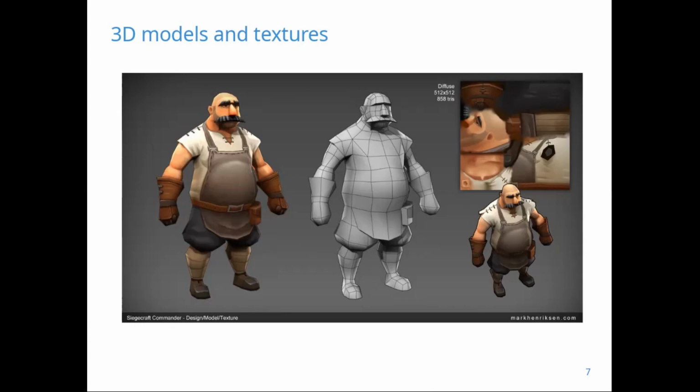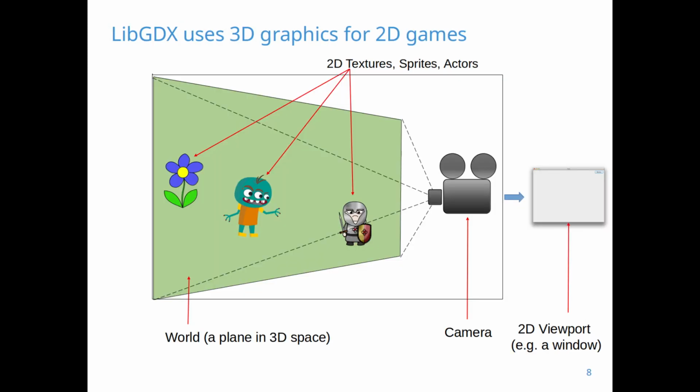And that's how 3D modeling is generally done. And what LibGDX does is use this three-dimensional machinery to play two-dimensional games. So basically, they have a single plane in three-dimensional space, not a complex 3D shape, but just a plane.